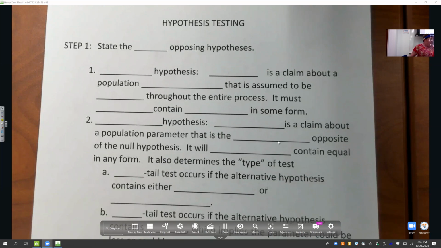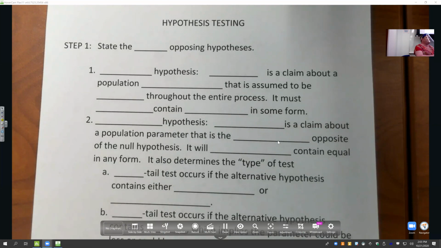And you can think about hypothesis testing in a couple of different ways. You can think about it like a court case, where you're trying to decide whether the defendant is guilty or not guilty. You can also think about it sort of like a science experiment.